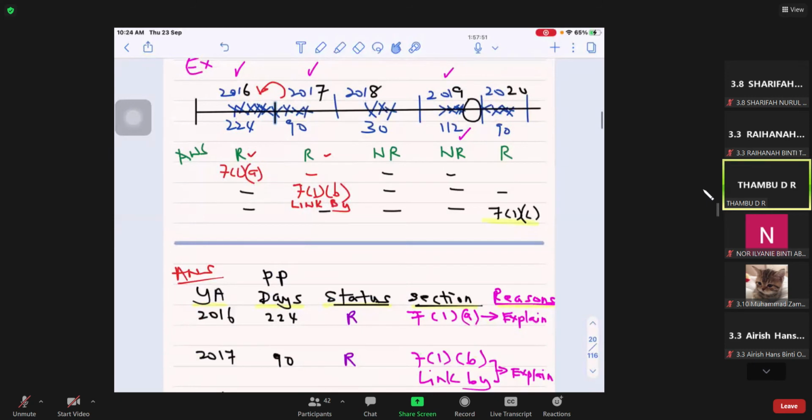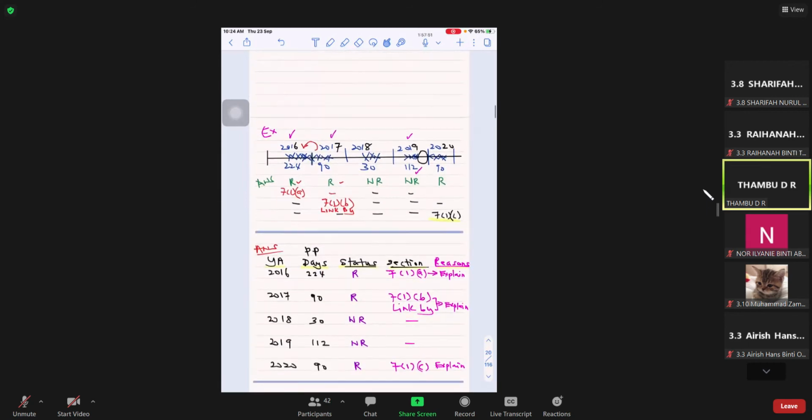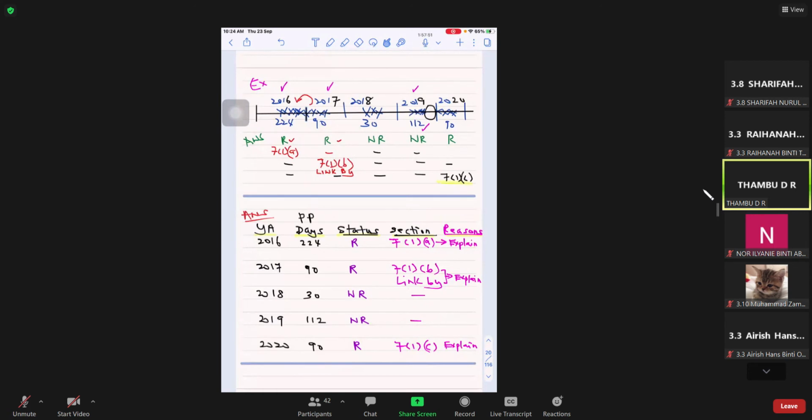And you must display your answer in this style, otherwise cannot. You must display your answer in this style. First, your year of assessment, the physical presence, and whatever we determined just now.